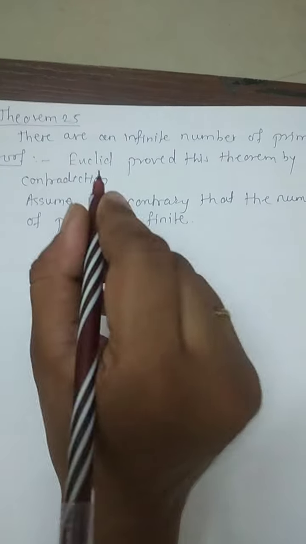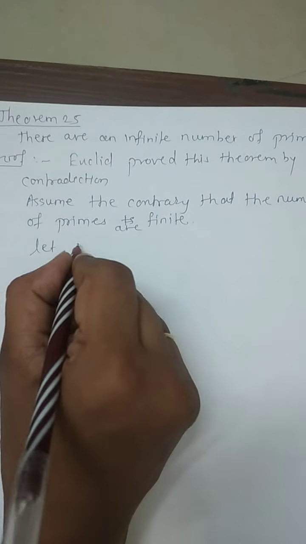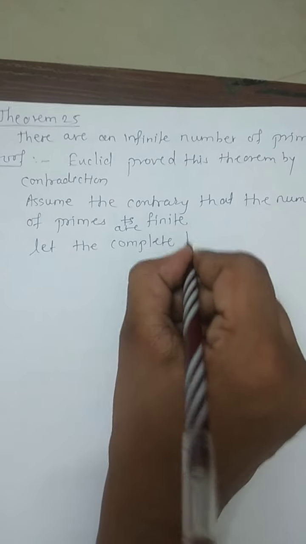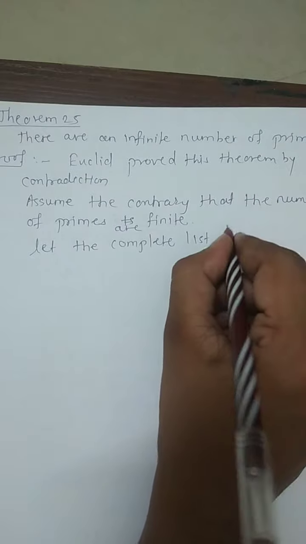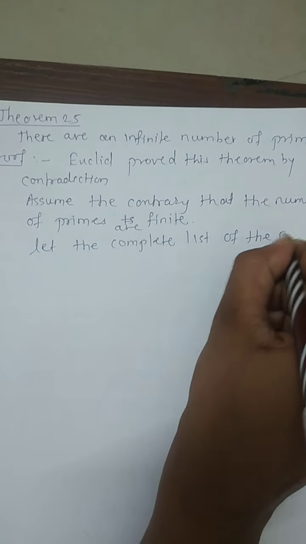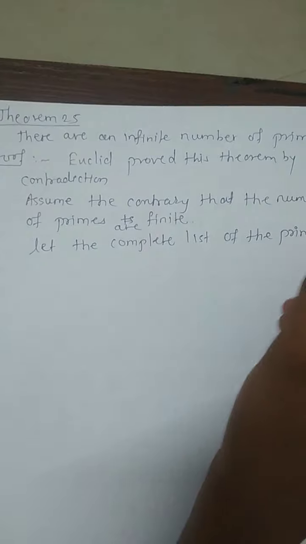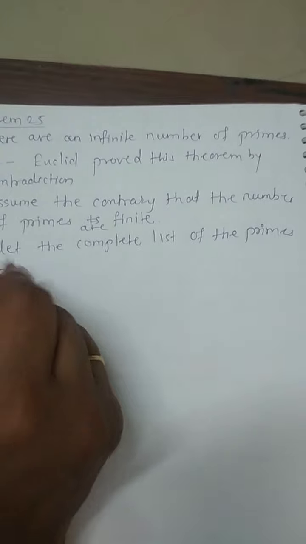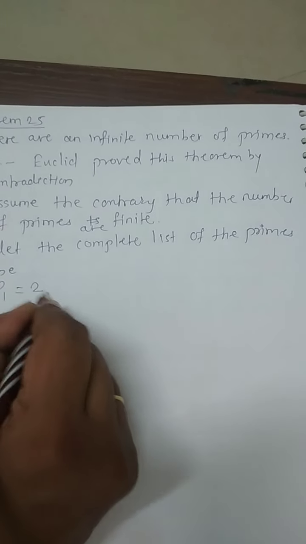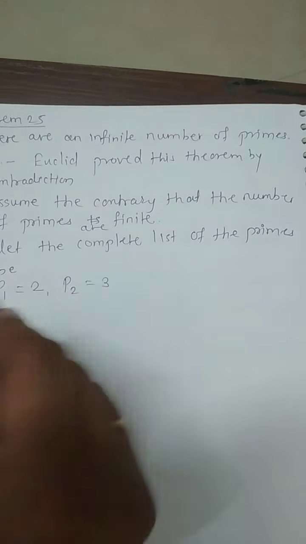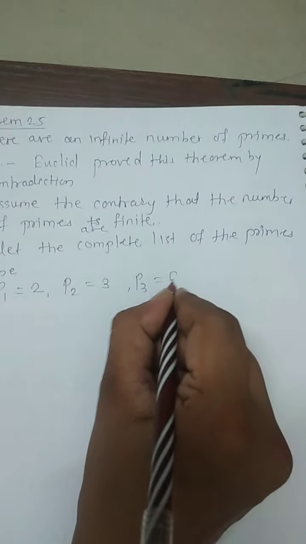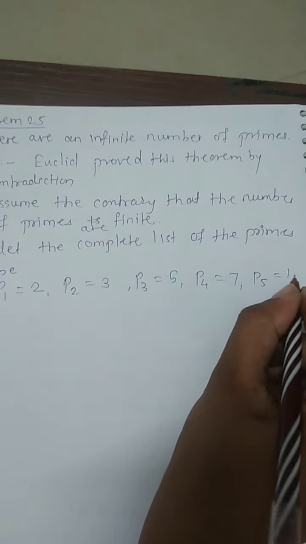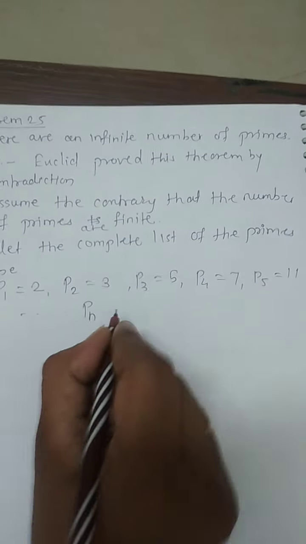Let the complete list of the primes be P1 equal to 2, P2 equal to 3, P3 equal to 5, P4 equal to 7, P5 equal to 11, and there is one prime Pn.